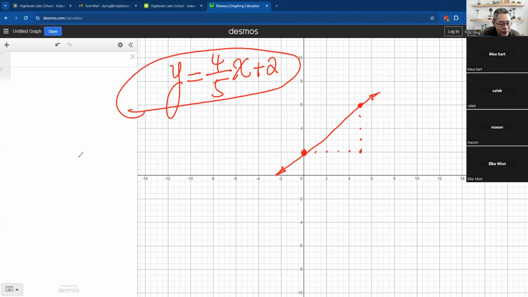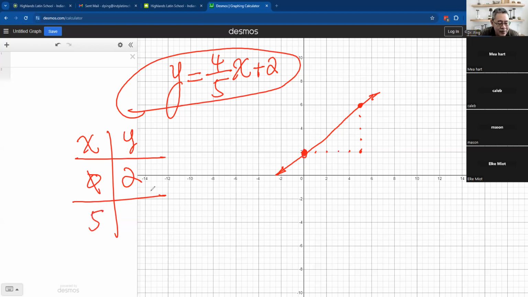Now, of course, just like when you do the table, you got 0, 2, which is what we found here. Now, you can give x is 5, then the y has to be 6, just like we did here. There's 5 comma 6. So both ways will help us to graph the function.